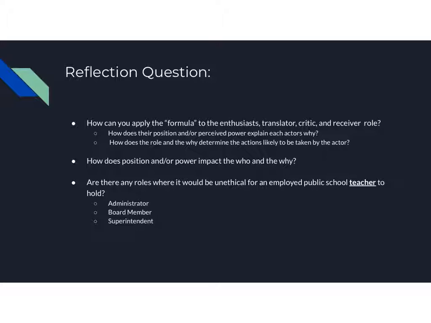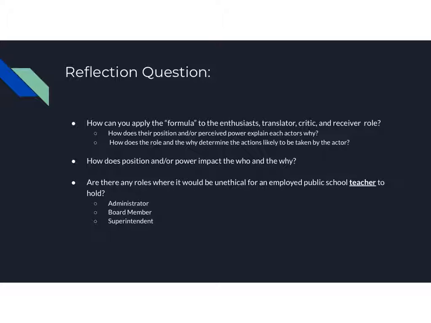Having been in the teacher role may motivate them to take on a transactor role as well. So I want you to think about some of those perceived positions, powers, and the who and the whys, and some of those different relationships.